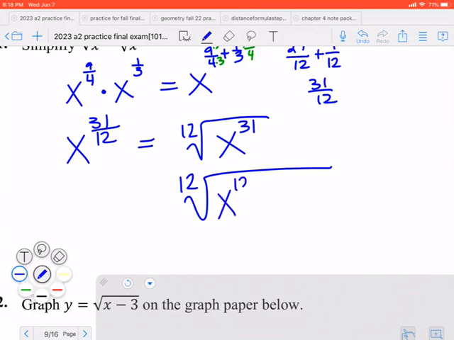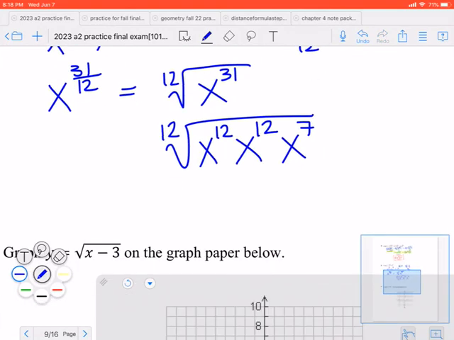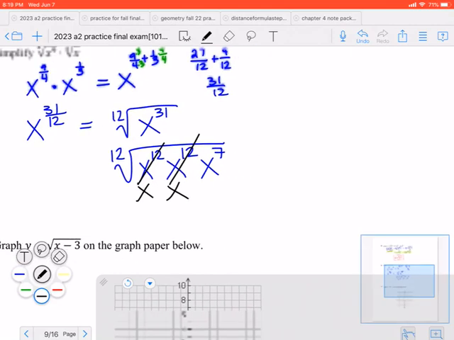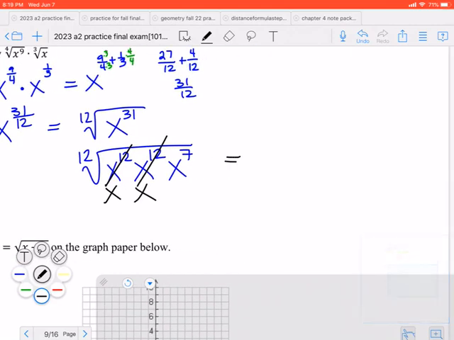31. So we could have x to the 12th, x to the 12th, that's 24. And then 24 to 31 is 7. 12 plus 12 plus 7 is 31. So the 12th root of x to the 12th is x, and that guy's left inside.